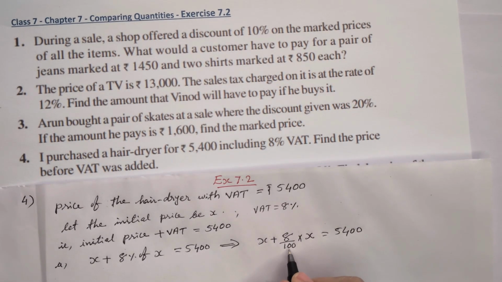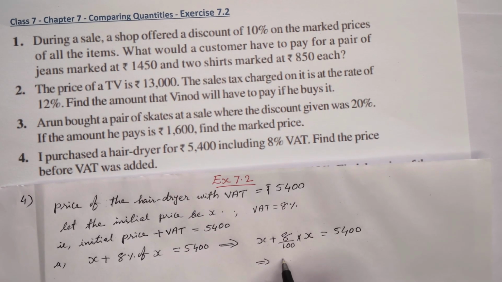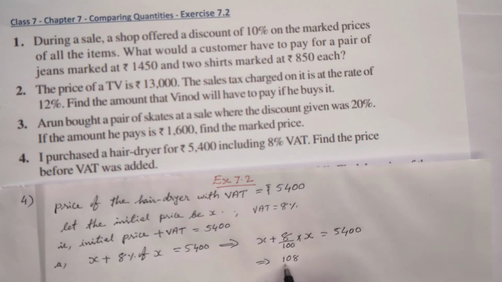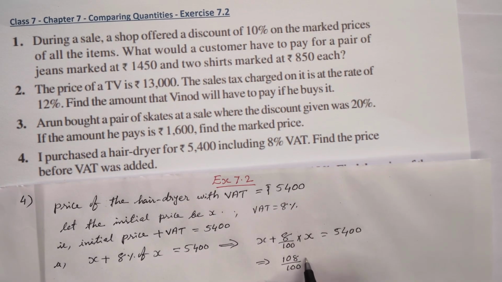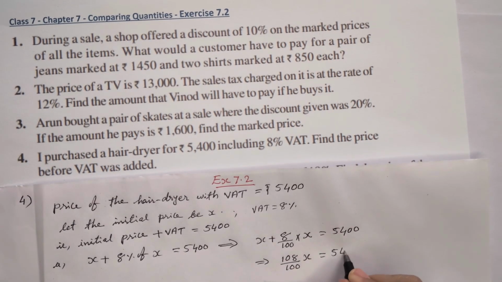So take 100 as the LCM, 100x plus 8x, it will come 108x, so 108 by 100 x is equal to 5400.